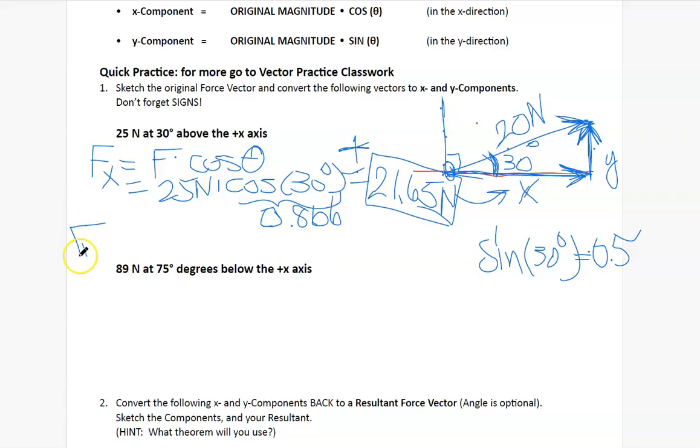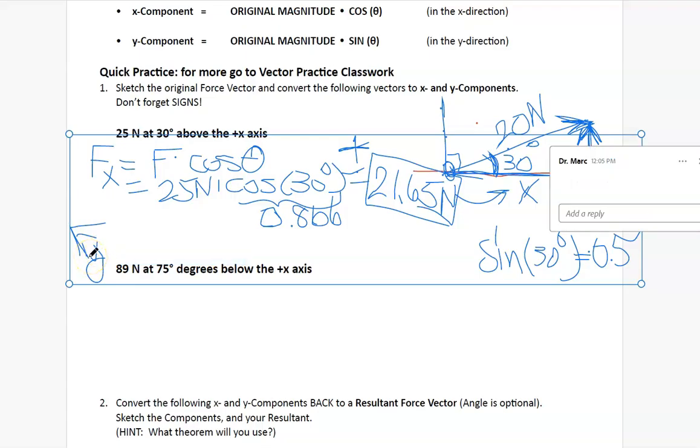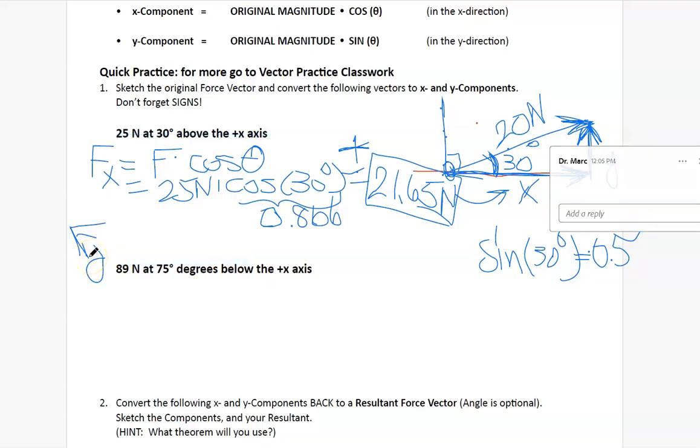It's this component. And it's in the positive direction, so we'll assign it a positive sign. And the y component, we just use sine instead of cosine on our calculator. And that would be the original force times sine of 30 degrees. And as I mentioned, sine of 30 degrees is exactly 0.5.